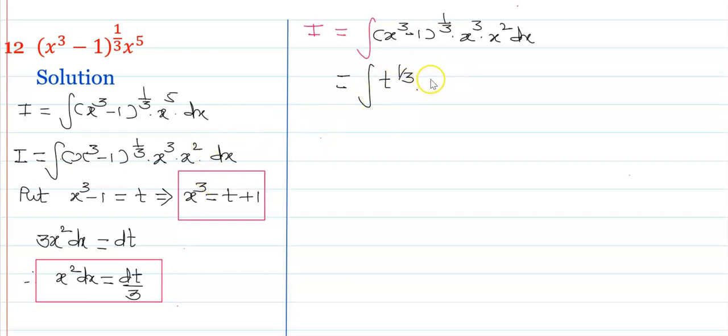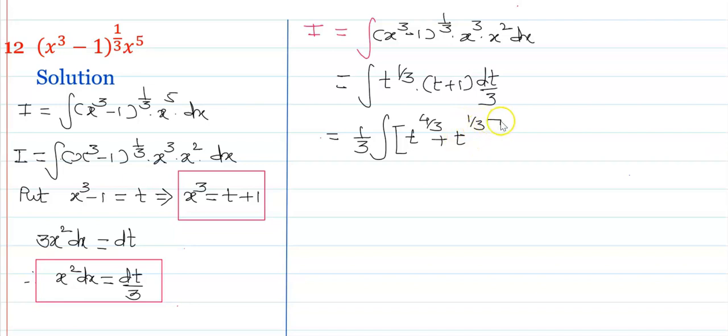X cube is t plus 1, here t plus 1. And the value of x square into dx is dt upon 3, and therefore overall take 1 by 3 as common, and the simplification: t raised to 1 by 3 into t means what? 1 by 3 plus 1, that is 4 by 3. First will be t raised to 4 by 3, and 1 into t raised to 1 by 3, it's t raised to 1 upon 3, bracket complete, into dt.